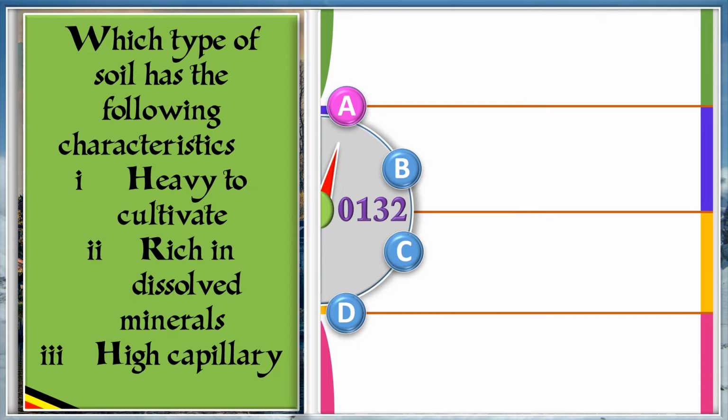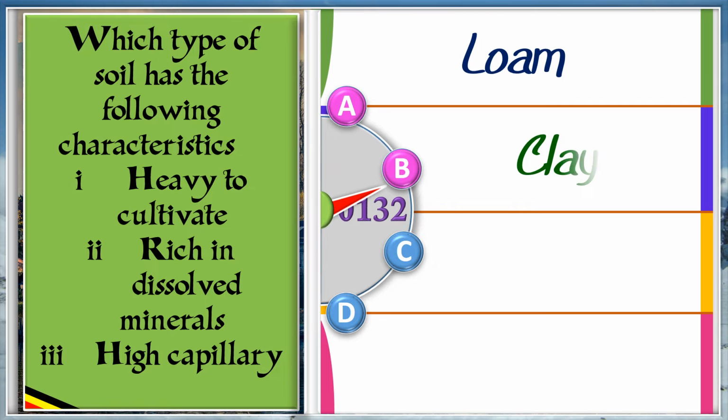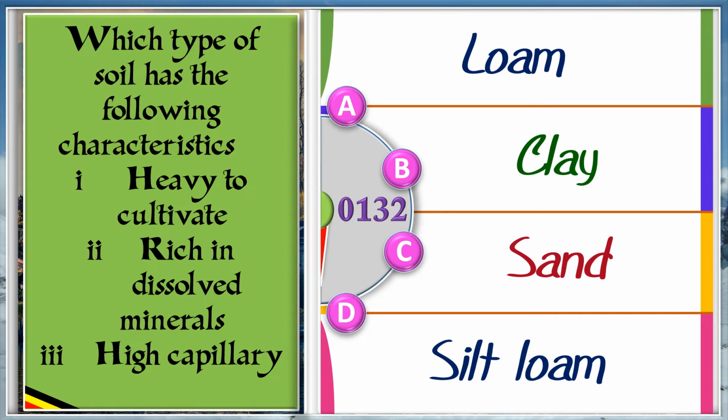A. Loam. B. Clay. C. Sand. D. Silt. And the answer is B. Clay.